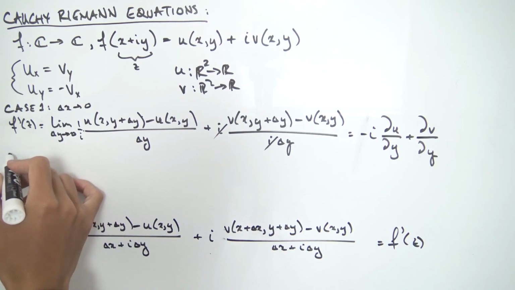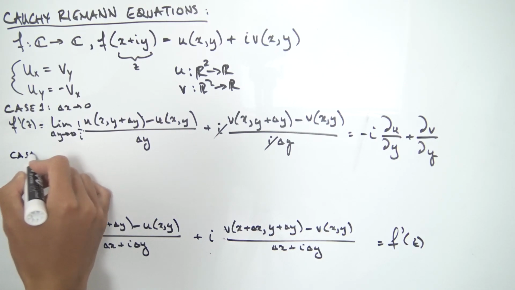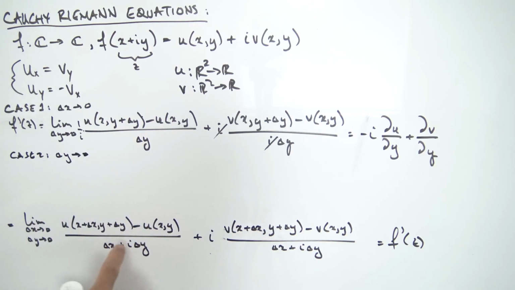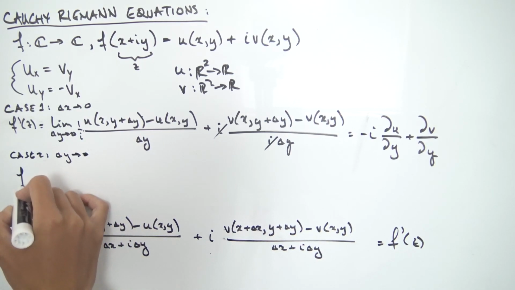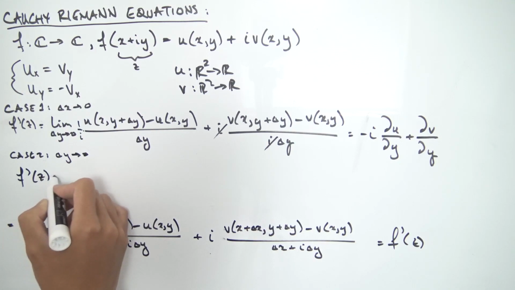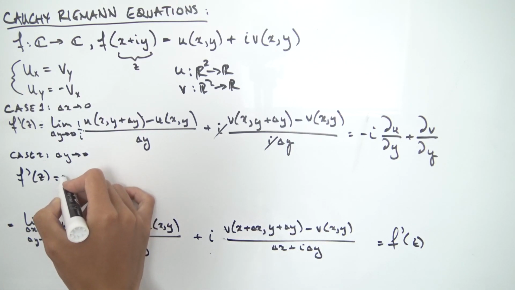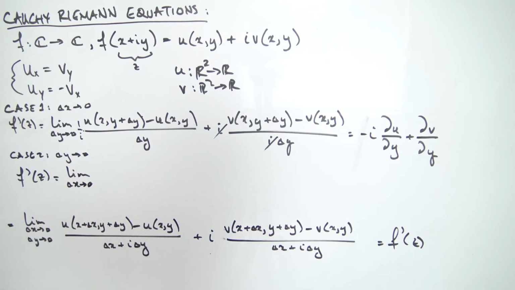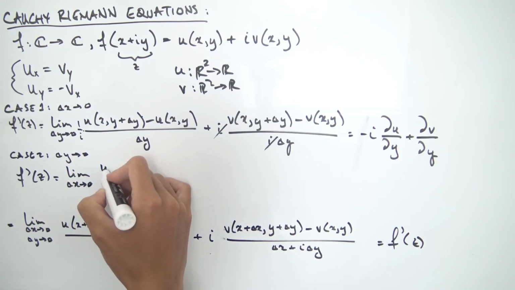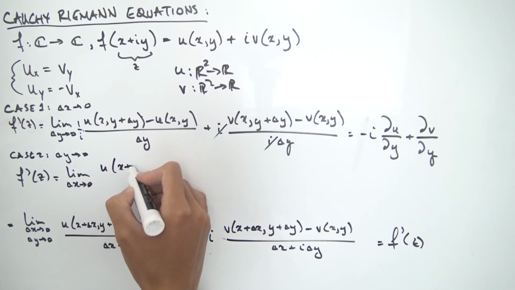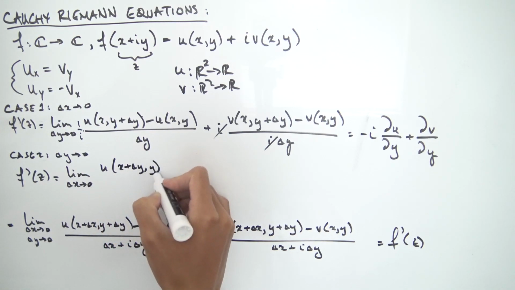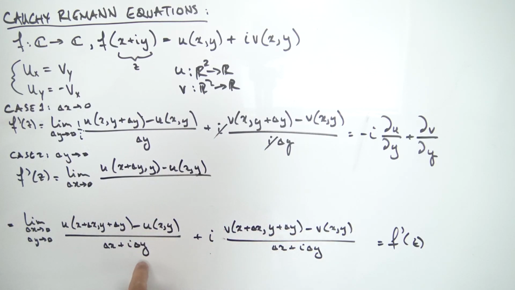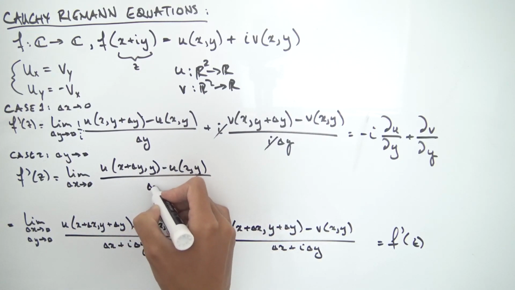And now let's do the same thing for what happens if delta y approaches 0 first. As delta y approaches 0, very similar things will happen. We're going to get that f prime of z is equal to the limit as delta x approaches 0, because delta y will be gone, of u of x plus delta x comma y minus u of x comma y divided by, now delta y is 0, so we're just left with delta x.